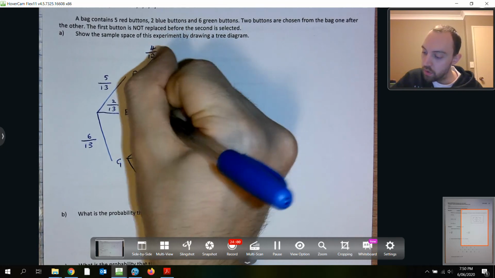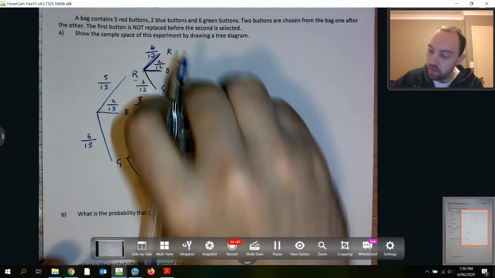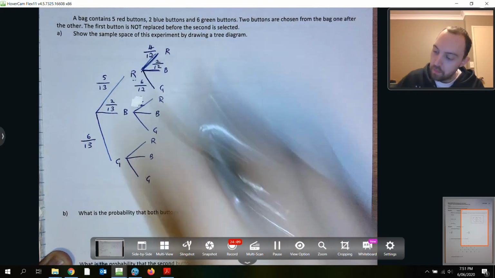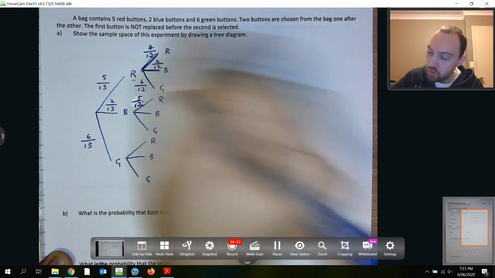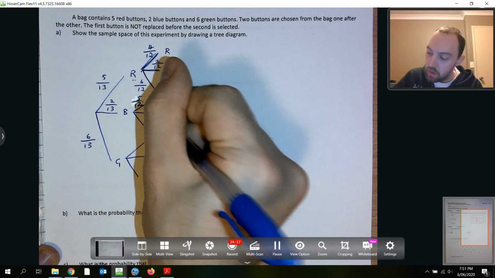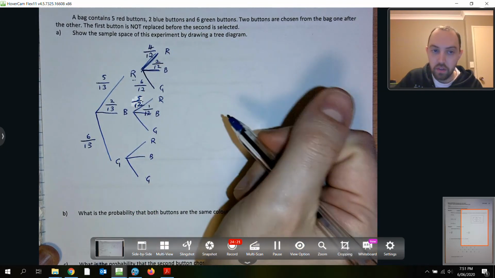5 out of 12 here, and that's a little bit messy. I might have to fix that one up. 5 out of 12 here. If I've chosen a blue one, there is 1 out of 12 left.